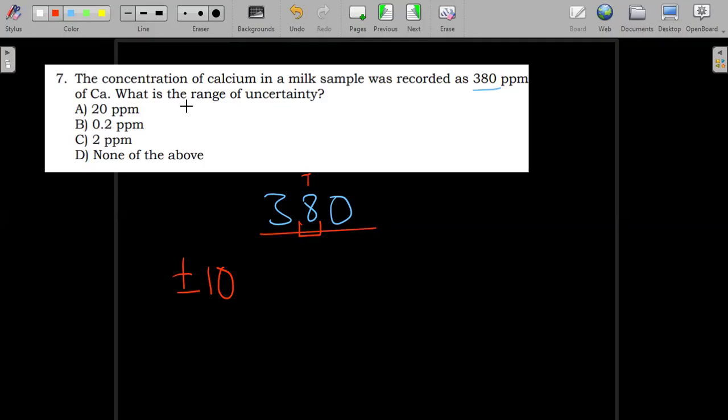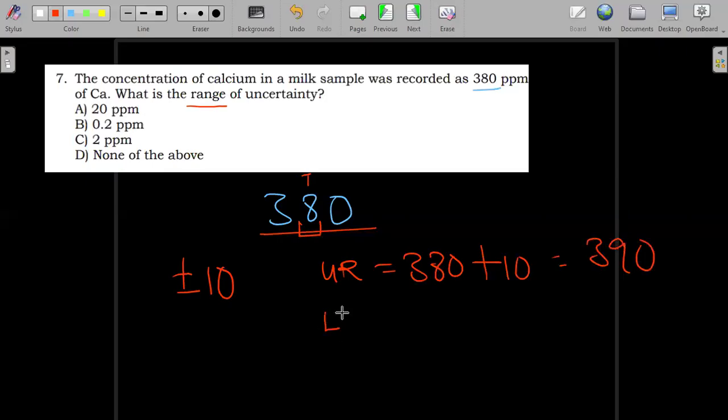And then to find the range there, we are going to subtract the upper reading minus the lower reading. So for us to get the upper reading, we are going to say the number that we've been given plus the 10. So the upper reading there will just be 390.